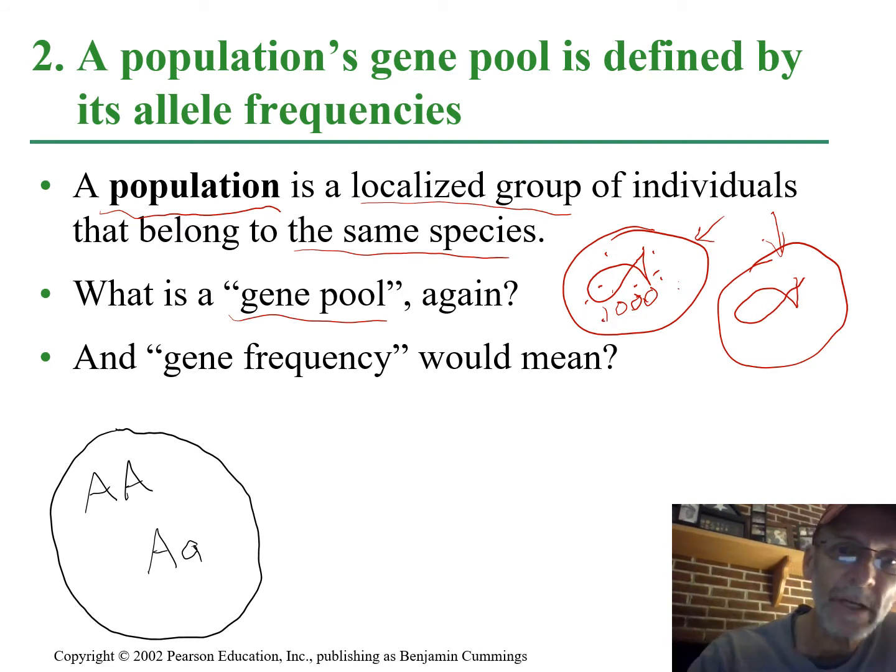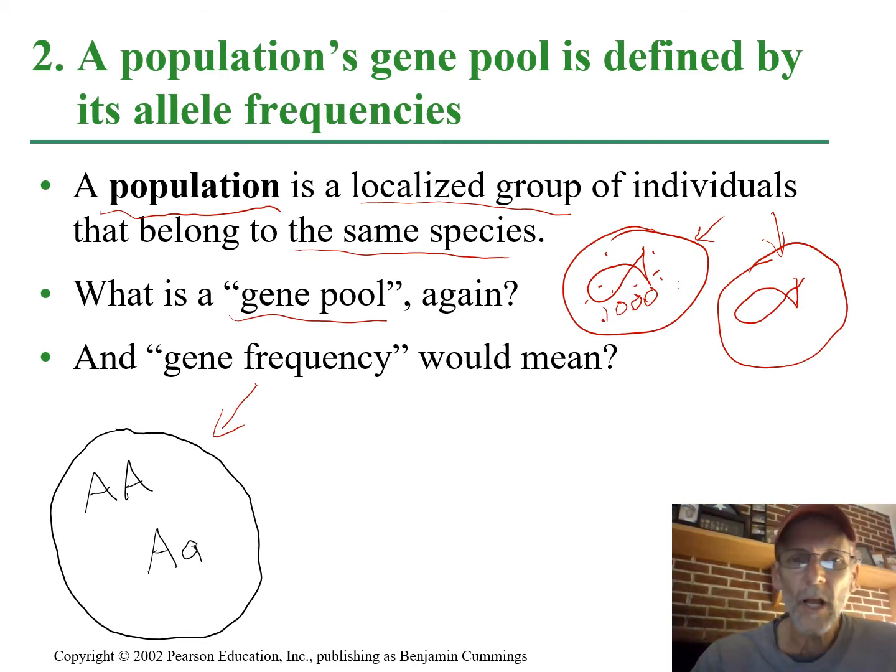So gene frequency now would simply be a little math applied to that gene pool concept. If this was to represent a gene pool, I've just put two individuals' genotypes in here just to simplify, right?